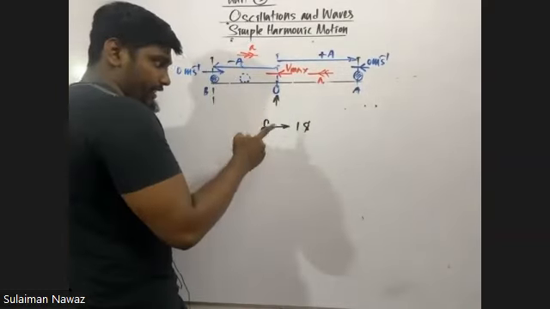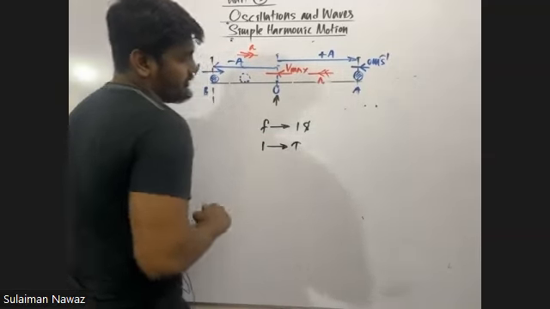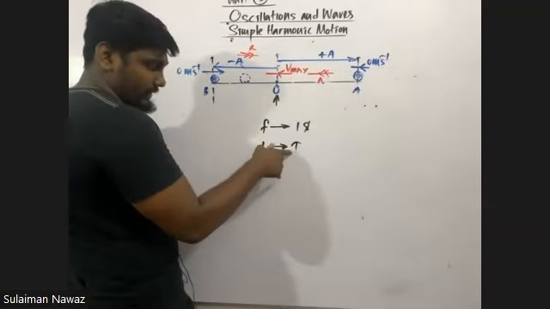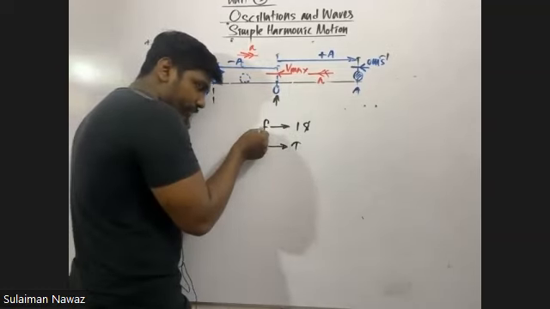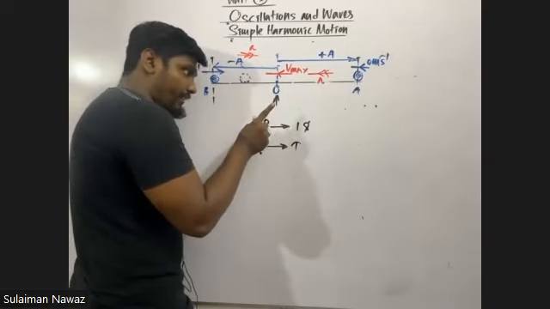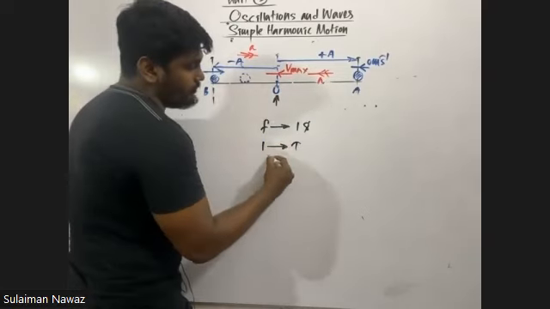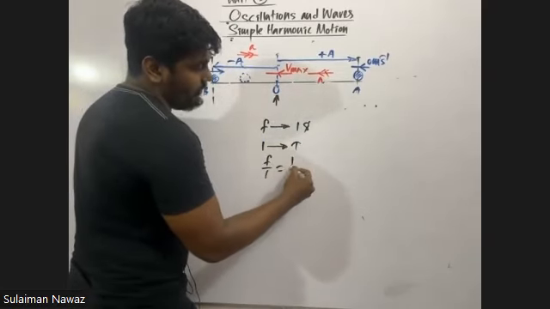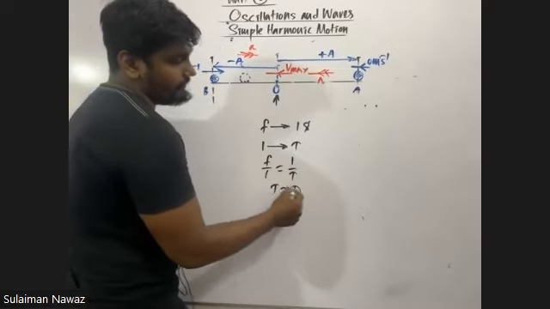If you want to find the time taken for one oscillation, that means the time period, what are you going to do? 1 over f.